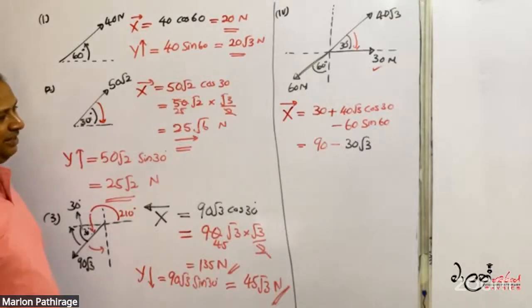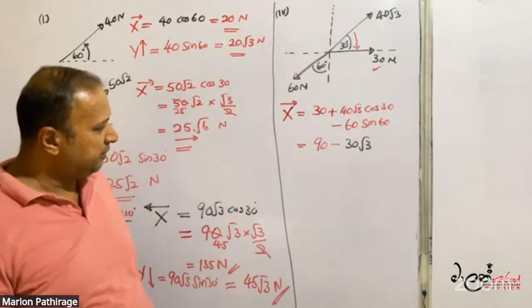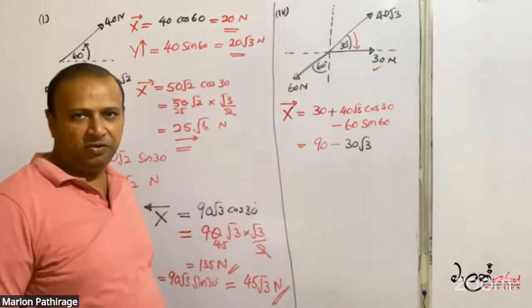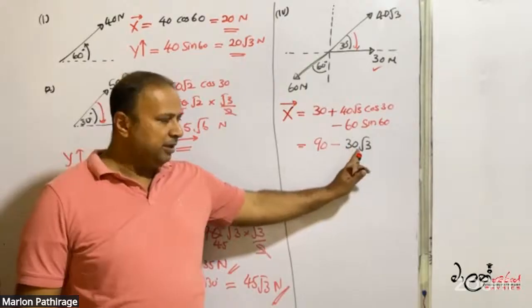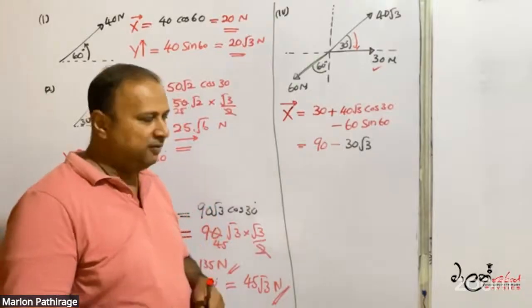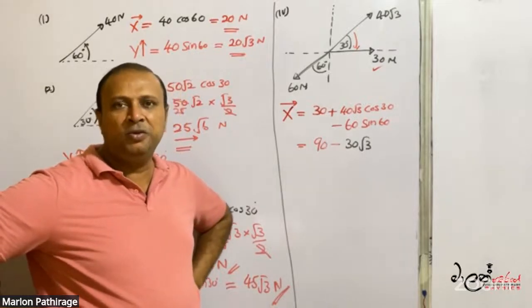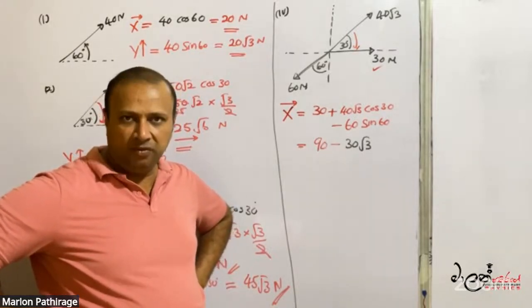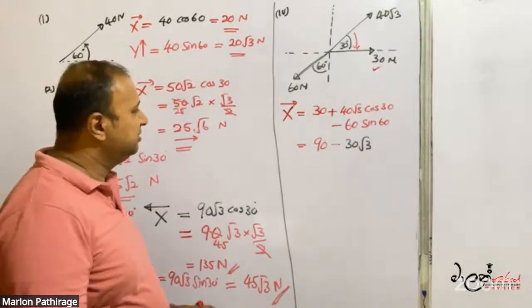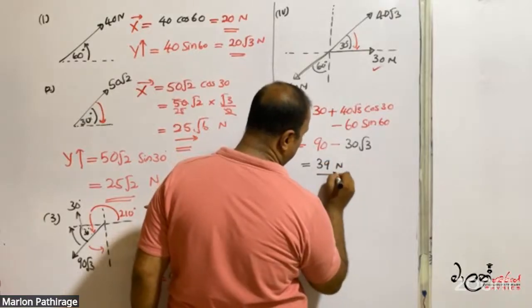Root 3 is 1.7. 1.7 is enough. 1.7 into 30 means 3 into 17, that means 51. 51 minus 90, so this one should be 39 Newton in this direction.